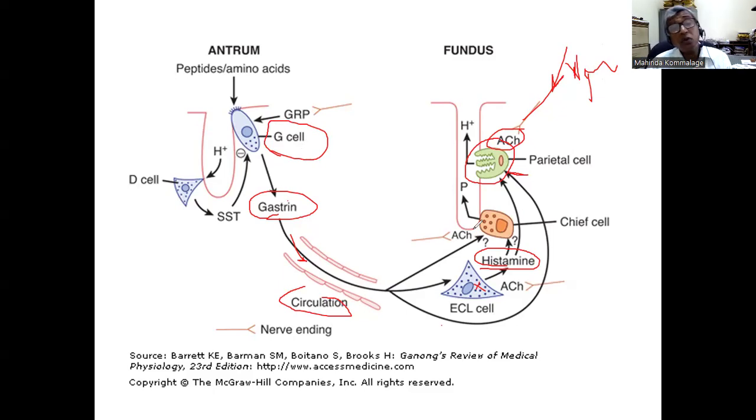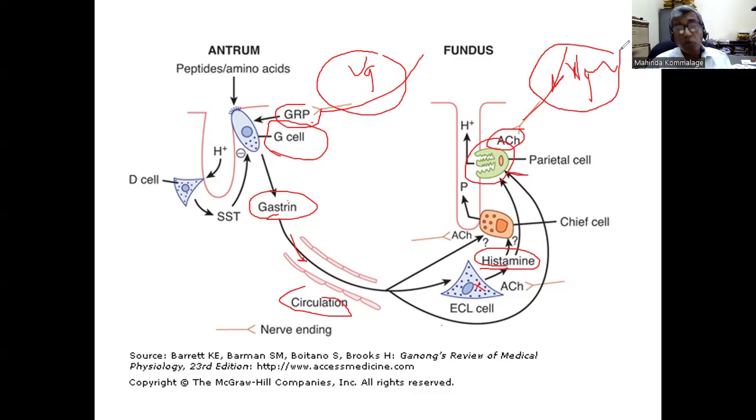This G cell also will be stimulated by the vagus nerve. This is the vagus nerve. And the neurotransmitter is not acetylcholine, GRP will stimulate the G cells and secrete gastrin. So the vagus nerve will stimulate G cells as well as directly the parietal cells. Both ways it increases the acid secretion. Parasympathetic impulses are carried through the vagus nerve, right? So that is one thing.